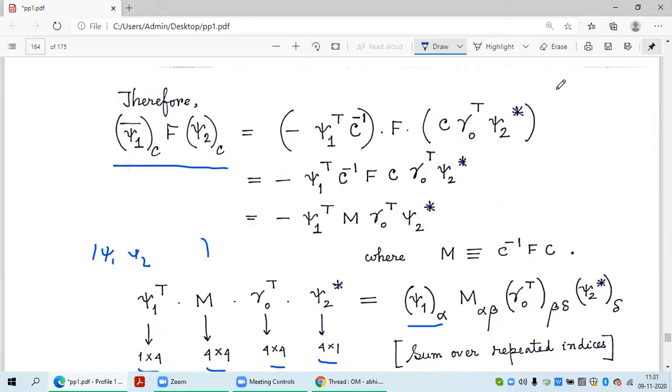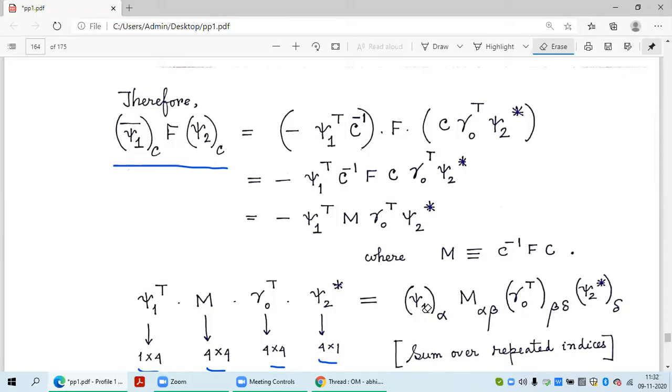Don't write transpose here because we have already taken care of it by the rowness of this matrix. Now there is a sum over all these indices: alpha, beta, and delta. Since I have written these matrices in terms of their elements, there is a big sum. Alpha runs from 1 to 4, beta from 1 to 4, gamma from 1 to 4.